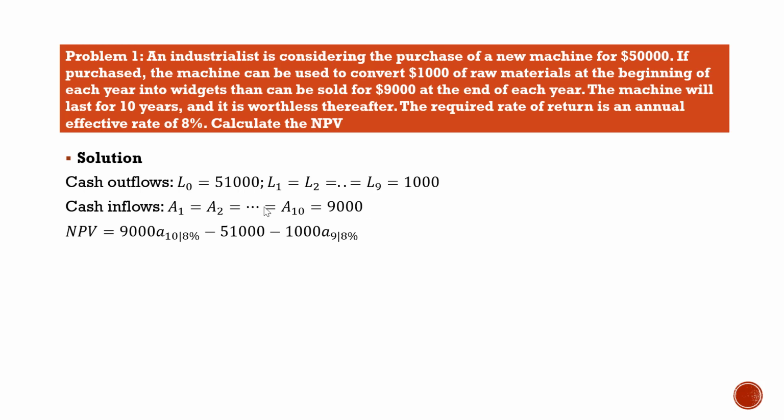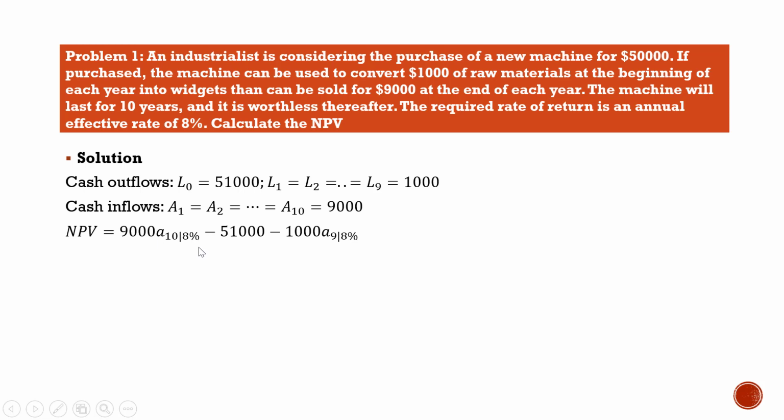The NPV is basically the summation of the present value of cash inflows minus the summation of the present value of cash outflows. So here $9,000 at time 1, $9,000 at time 2, and continuing to time 10. So the present value of cash inflows is 9,000 a angle 10 at rate 8%, because this is an annuity immediate.